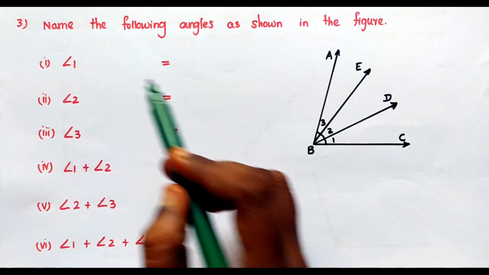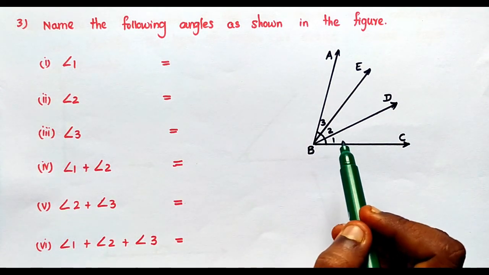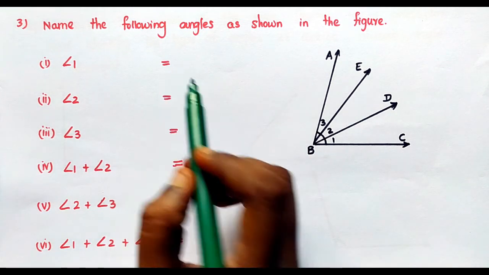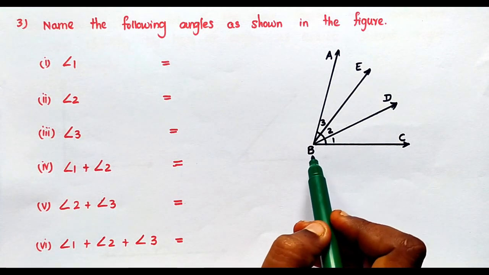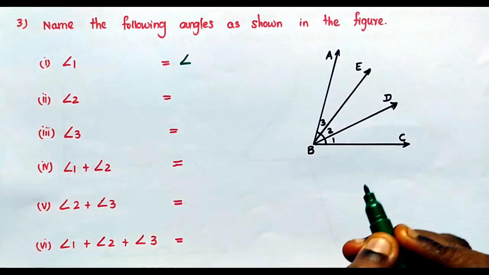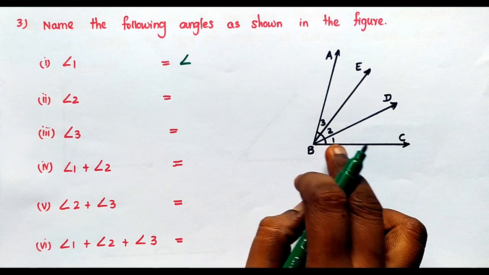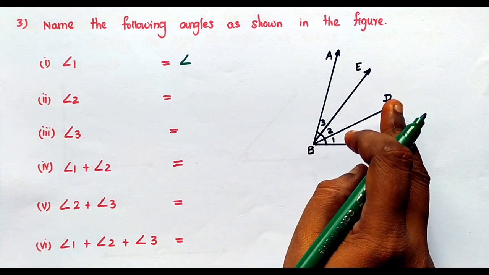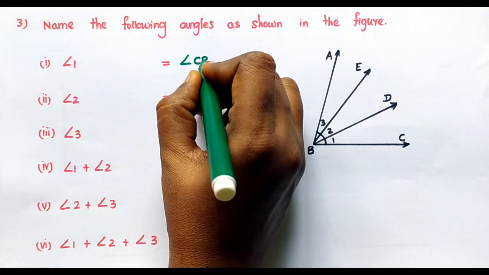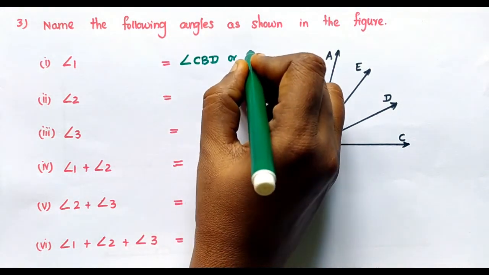Third one, name the following angles as shown in the figure. Listen, angle 1. We have to write down the name of the angle. Angle 1 is here, that is CBD or DBC.